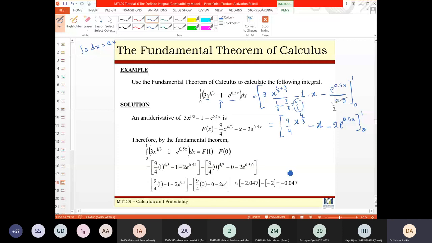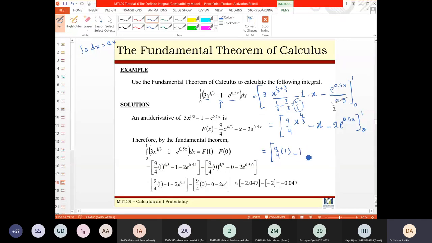What will be the next step now? What should I do? إيش لازم أسوي؟ We should substitute now. مرة بال1 minus the substitution with the 0. فنعوض بال1. This will be 9 4. 1 to the power 4 3 اللي هي 1.